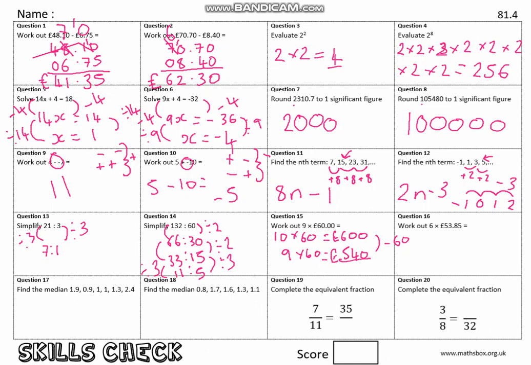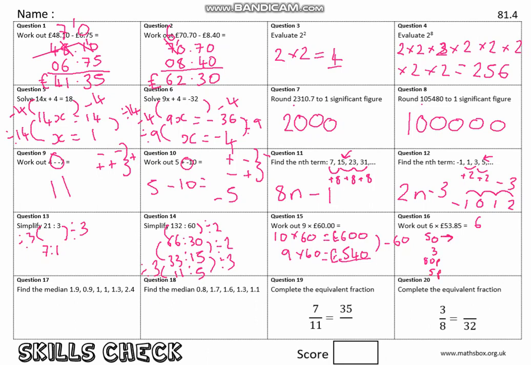You know how to times by 10 to get 600. And if I want 9, then I just times by 10 and take away one of them, okay, to get my 540. Now the next one we'll do how we've done in previous times, okay? So we're going to have our 6, and we're going to times each bit by 6, okay? So we've got 50, we've got 3, we've got 80p, and we've got 5p.